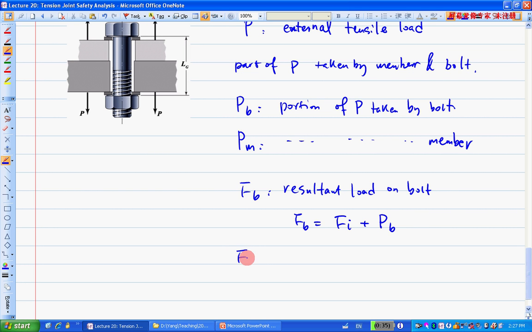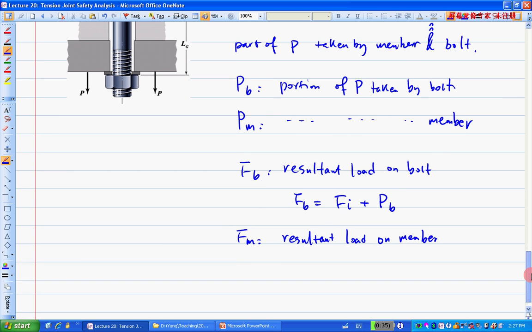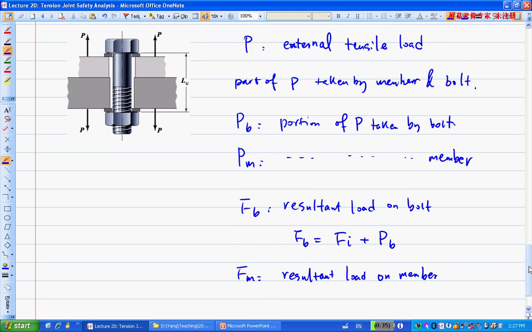Now Fm is the resultant load on the member. What will be the resultant load on the member now? Originally, if there's no external load, the member feels Fi, which is a compressive force, and compressive force we indicate as a negative value.